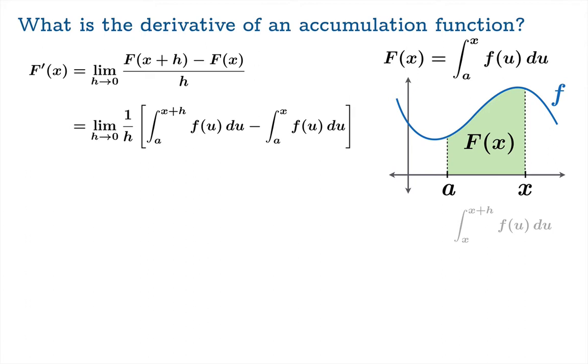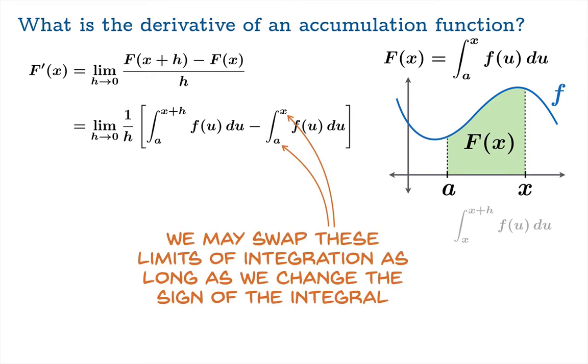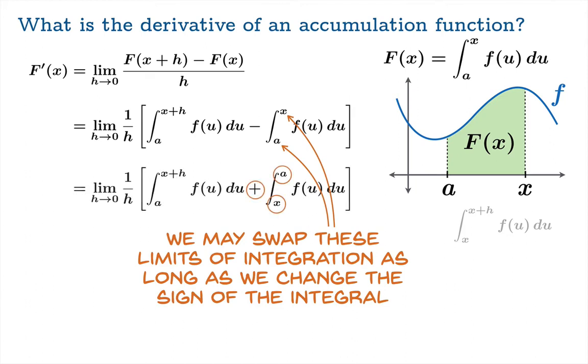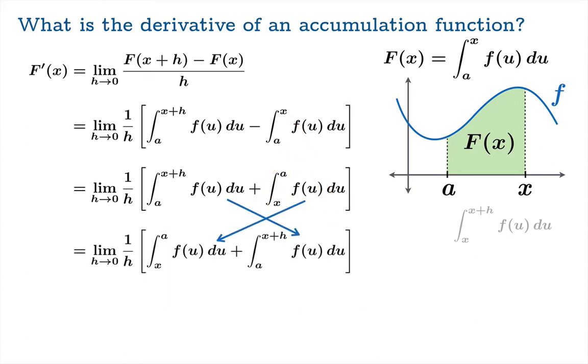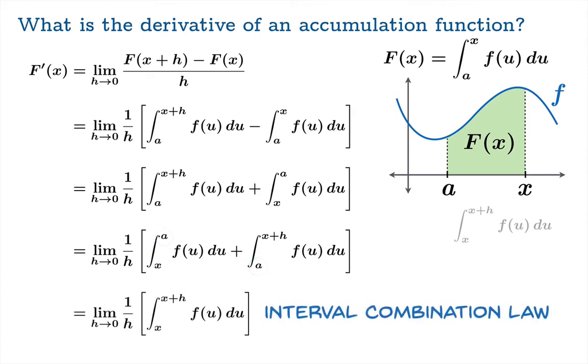First of all, remember that we can swap the limits of integration as long as we change the sign of the integral. So we're going to integrate from x to a and change that sign to a plus in front. And now, by just switching the order and then observing that these arguments are the same, we have an interval combination law that allows us to rewrite the sum of these two integrals simply as the integral from x to x plus h.